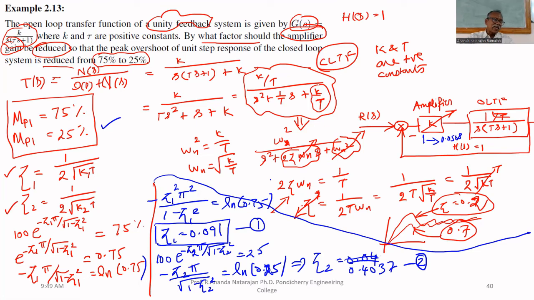If you increase K, oscillation will increase because zeta will decrease. While studying stability, we will study all those things. We'll see in the next chapter about stability. That time, this K will play an important role.